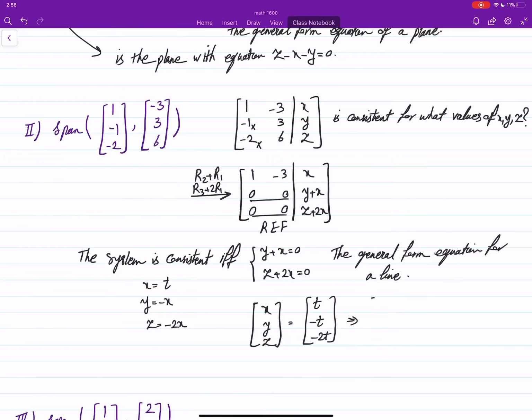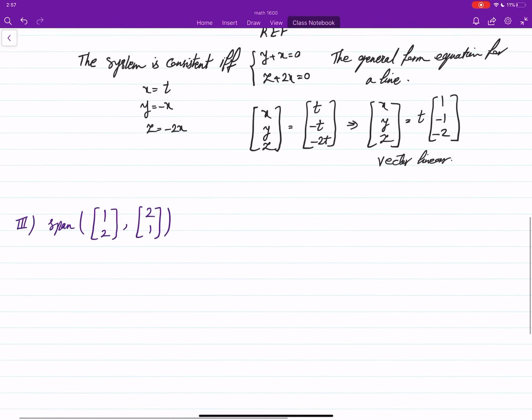In other words, the vector form of this line, which is the span of these vectors, is 1, negative 1, negative 2 times t. We not only have the general form, but also the vector form of the span of those two vectors.